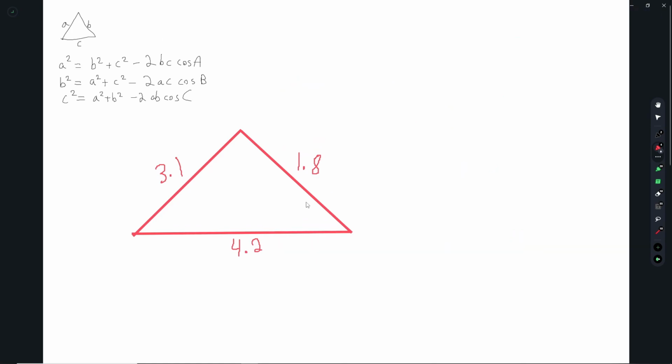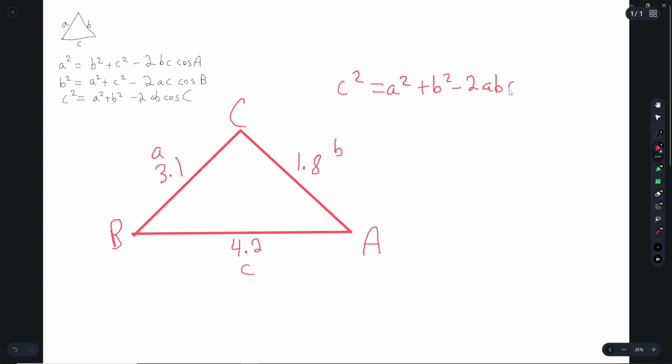Okay, let's find the angles of the triangle. So first we'll have to use the cosine law to get any of the three angles. Again, I'll use this angle here. So first I'll label them. So this is C, C, A, A, B, and B. So C squared is equal to A squared plus B squared minus 2AB cosine C. So here our capital C is missing.